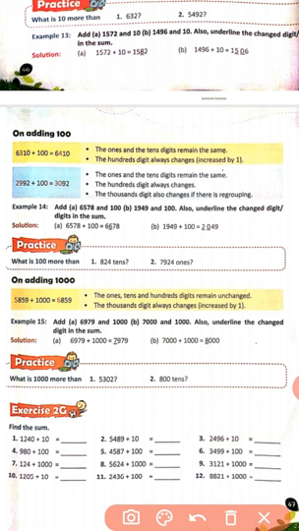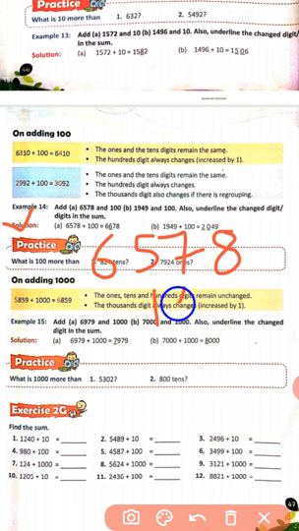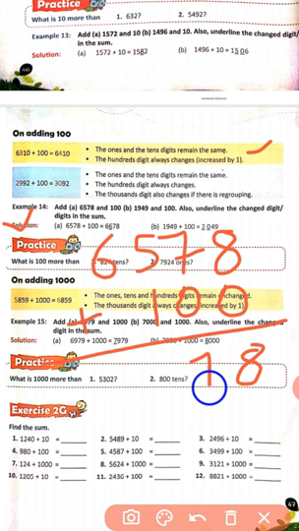Next we see example 14. Add 6578 plus 100. Now we know when we add 100 to any number, if there is no regrouping, then simply we can write that the ones and tens digits remain the same, and the hundreds digit always changes.